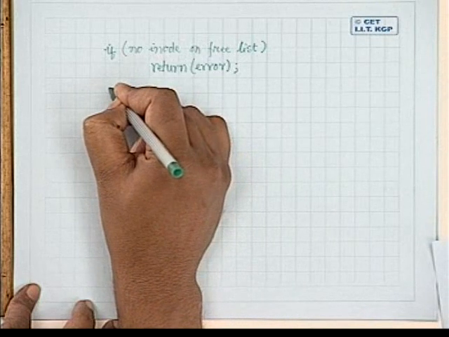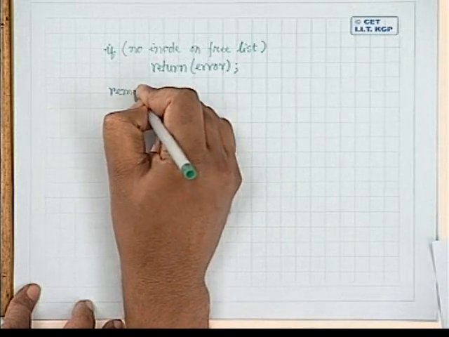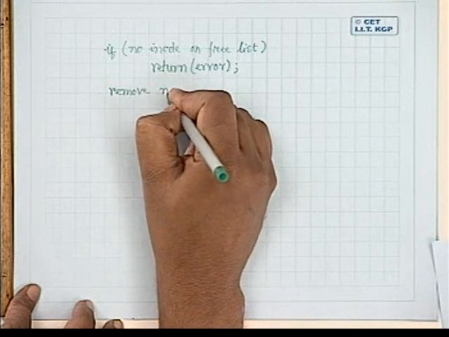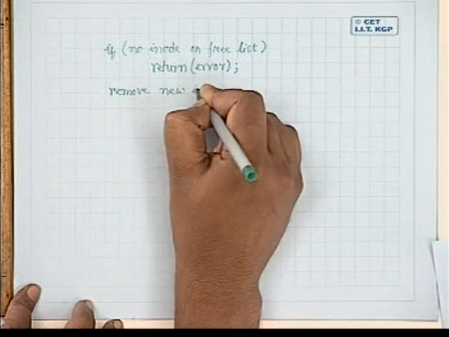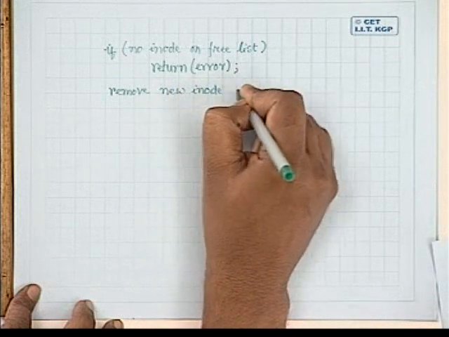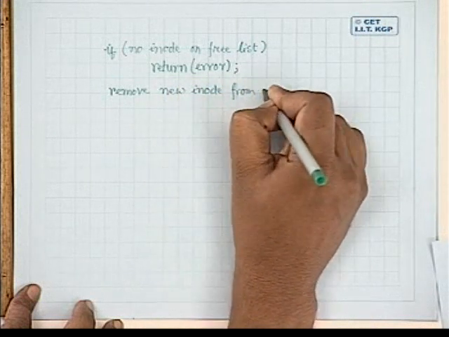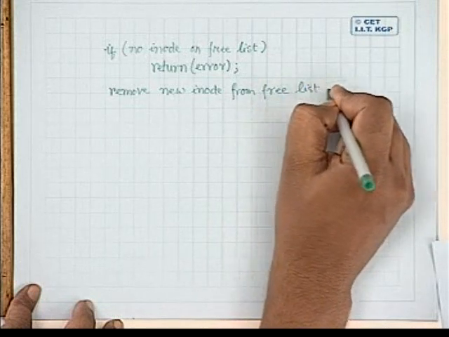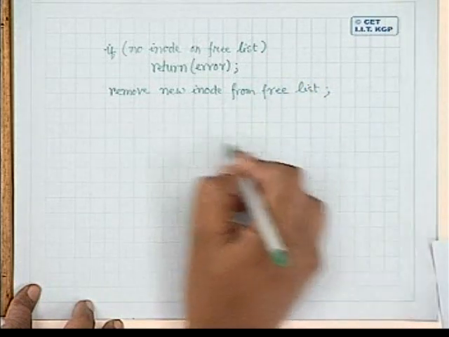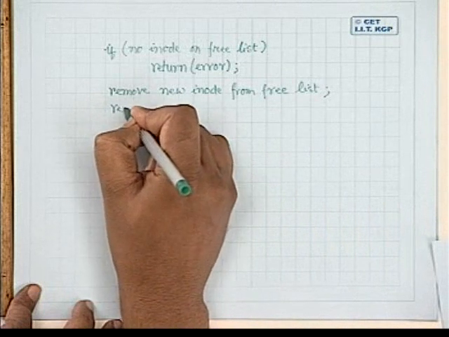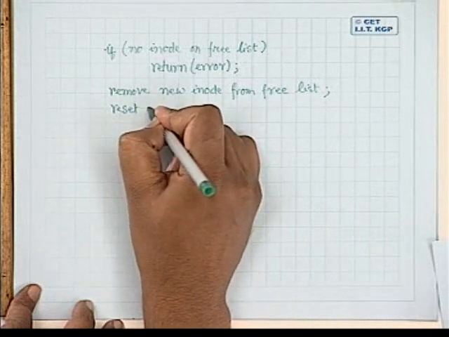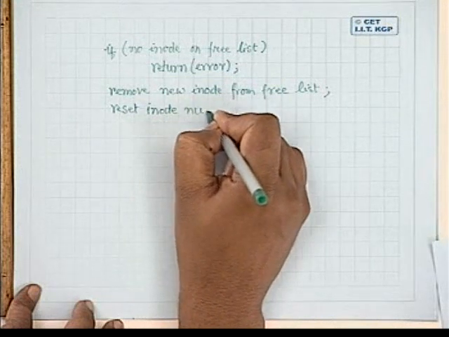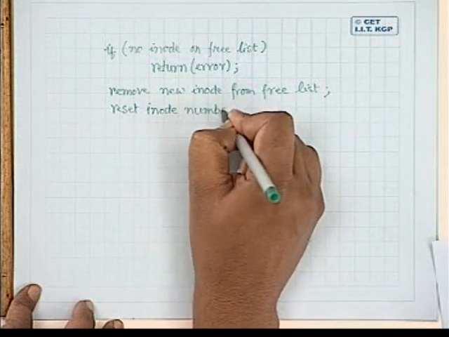So in that case, what you have to do is remove the new inode from the free list, and reset the inode number and file system so that it gets the new updated value.